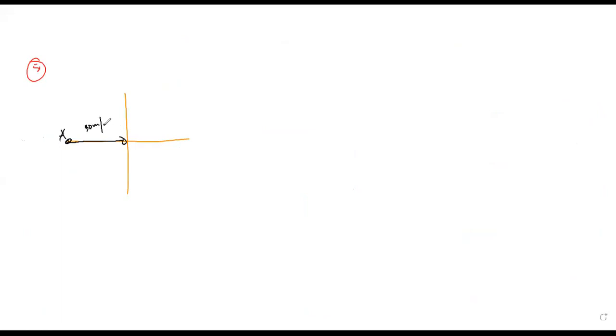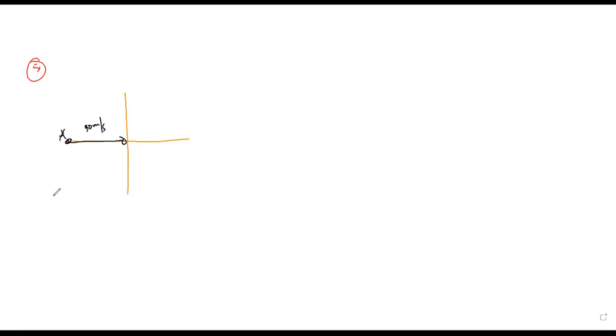Whereas another vehicle, as stated in the problem, is moving 20 meters per second in a direction 60 degrees north of east.